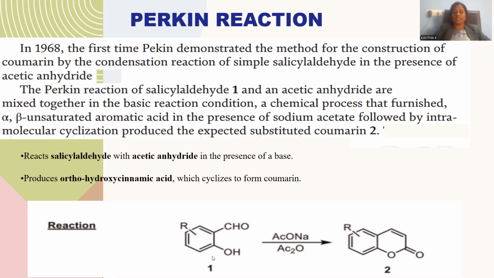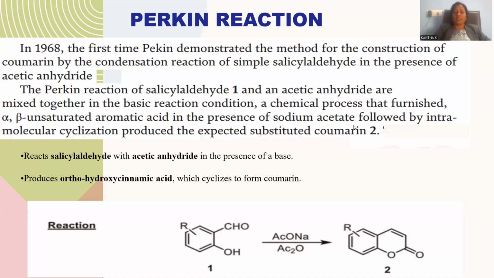He gave the synthesis by condensing salicylaldehyde in the presence of acetic anhydride. Salicylaldehyde condensation is carried out with acetic anhydride in the presence of sodium acetate catalyst. This is the way the Perkin reaction is possible. Salicylaldehyde is treated with acetic anhydride, and they react under basic conditions, giving rise to an alpha beta unsaturated aromatic acid.